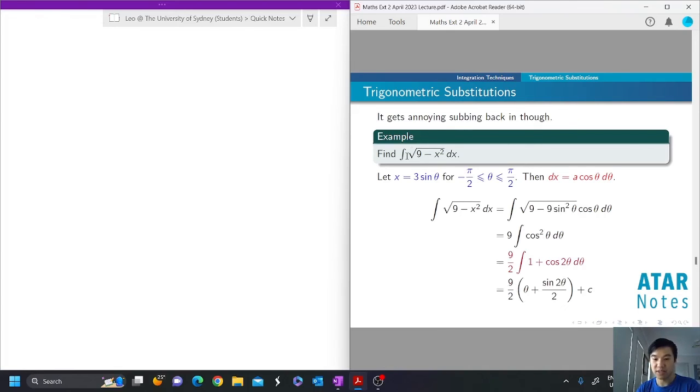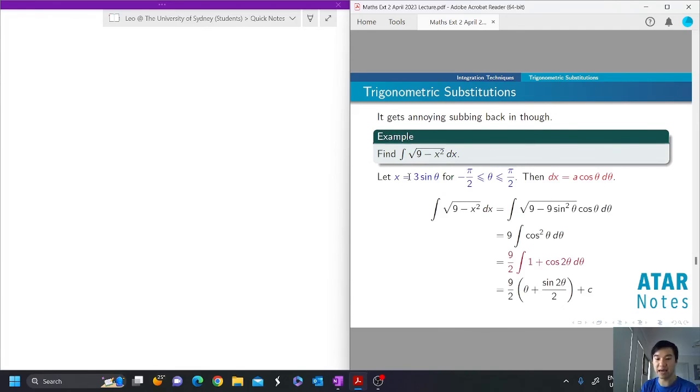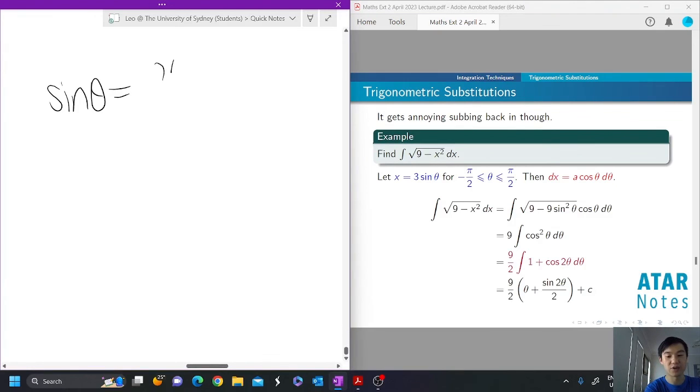If you wanted to integrate root 9 minus x squared, you can let x equals 3 sine theta, and then you can proceed to integrate like that. But remember, the original thing was in terms of x, so you want to be careful. You have to draw a triangle to remember that your relationship is that x equals 3 sine theta. So we know that sine theta is equal to x over 3.